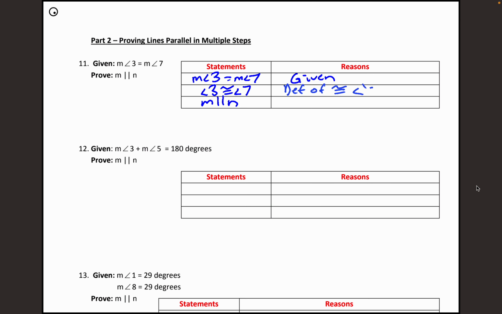Because in order for us to prove that the two lines are parallel, we have to know that these angles are congruent. So that's all you're adding to this one: instead of them being equal, they're congruent. And what kind of angles are 3 and 7? Corresponding. So what should go after corresponding? Converse.